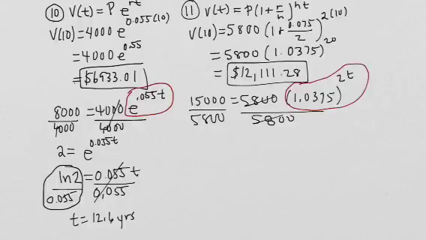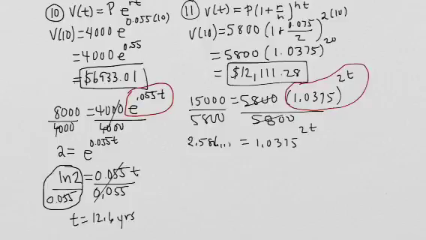Keep whatever numbers are on your calculator. 2.586 equals 1.0375 to the 2t. So again, we have the same situation that we had in example number 10, where I have an exponential, and I can't think of the answer off the top of my head.